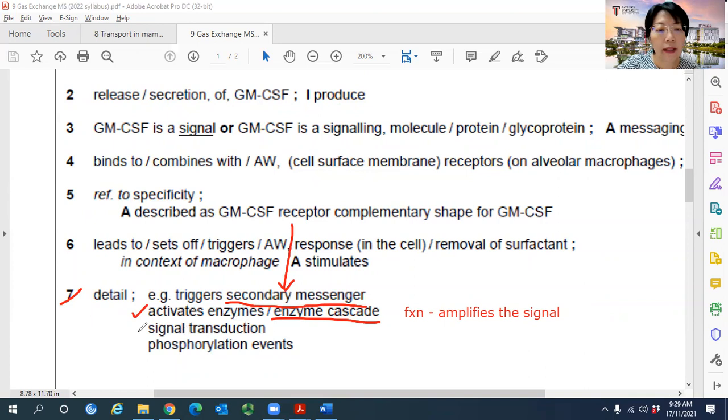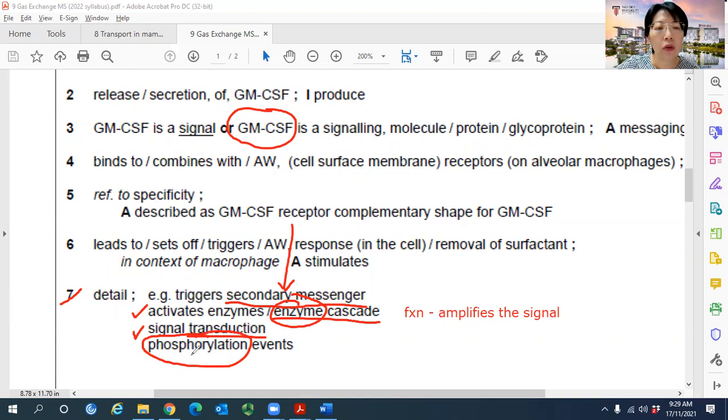So signal transduction occurs inside the cell. Transduction means conversion, so conversion of the signal. The signal is actually this molecule here, converted to a series of enzymes that will be produced. In one of the steps, it involves phosphorylation of the enzyme. So this is actually detailed.